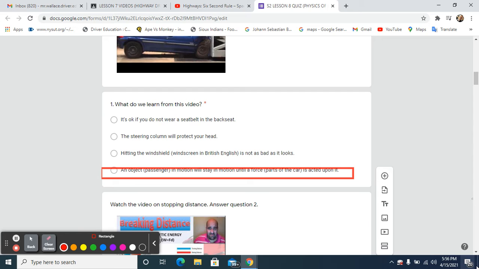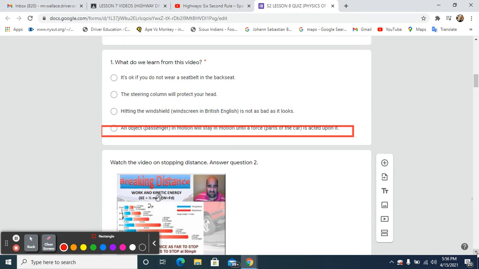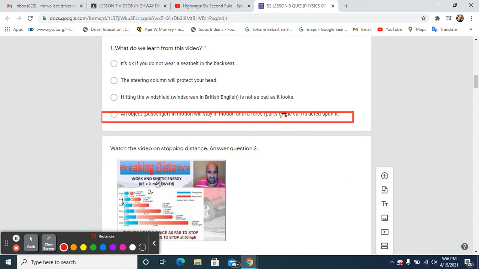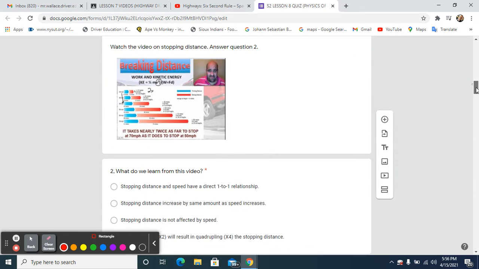And we're moving on to number two. Okay, the reason for this answer is because the passenger goes flying because he's not restrained by the safety belt, and inertia carries him into the windshield.